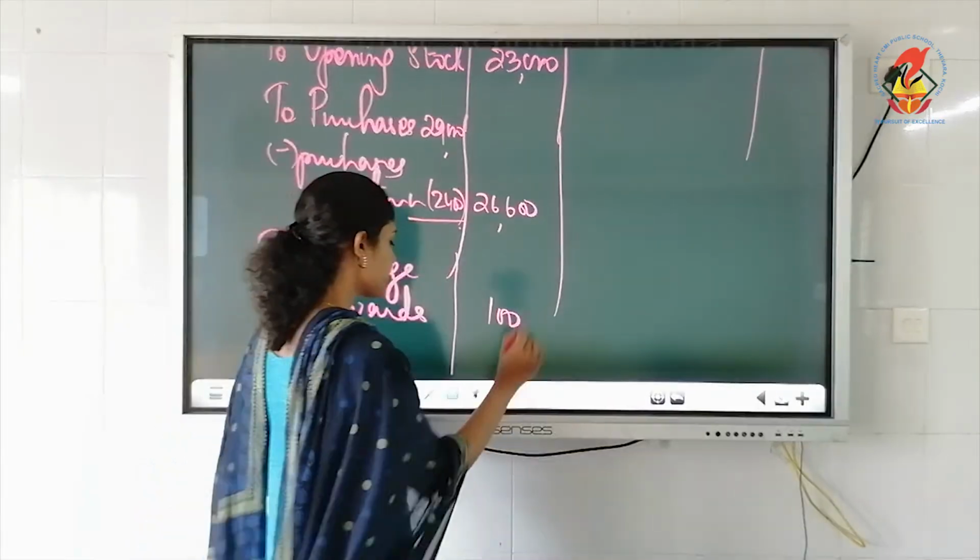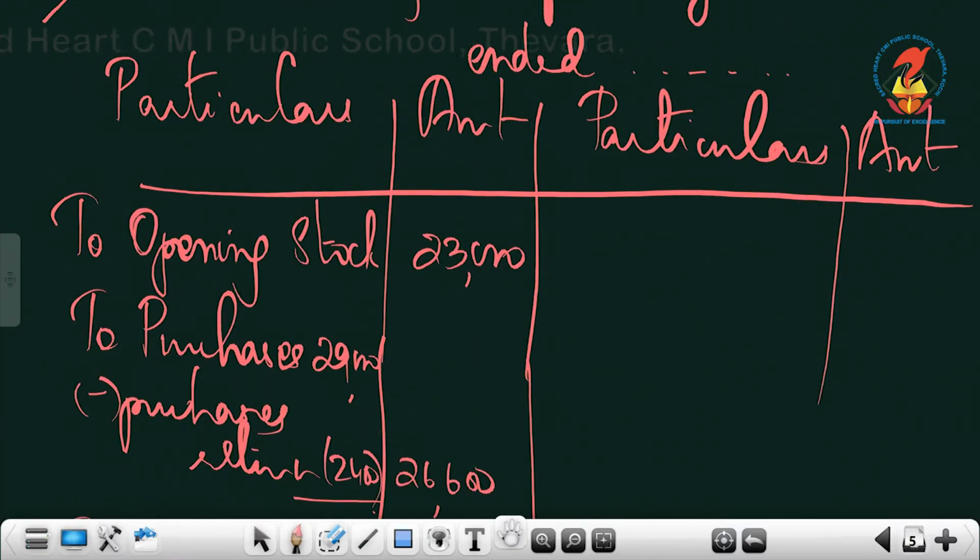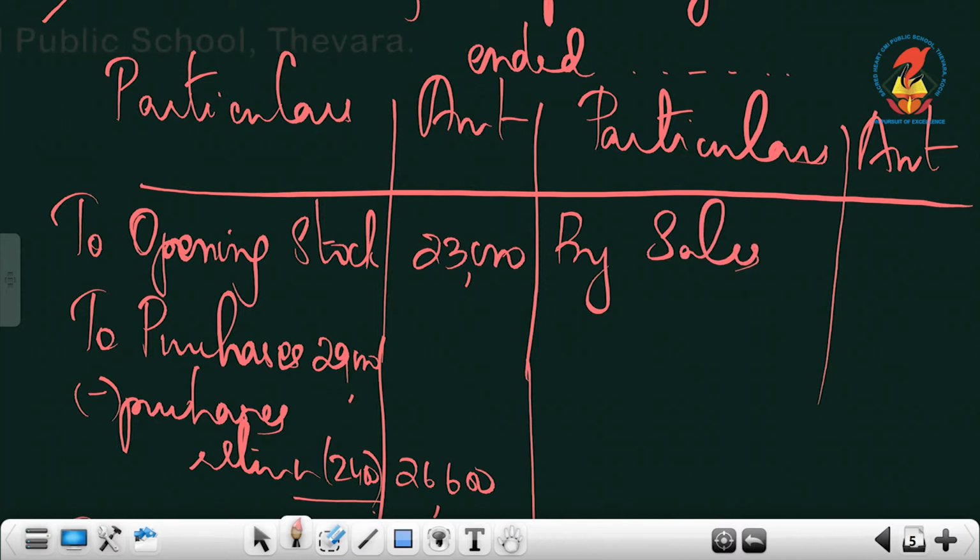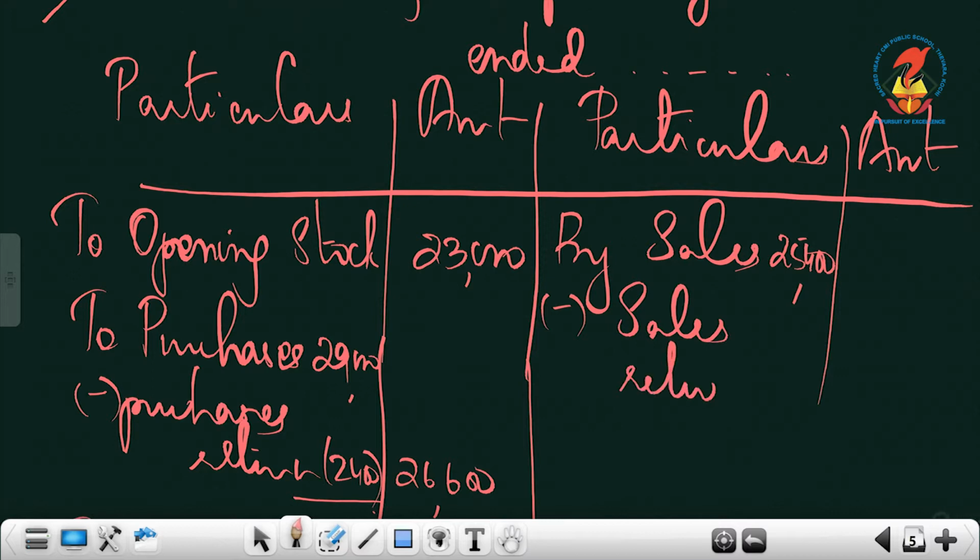Moving on to the credit side, this is the first item you have to write. Don't write closing stock here. First you must write sales. Since there is returns, we will write the figure in the inner column. So less sales return, the amount is 500, that you write within brackets.